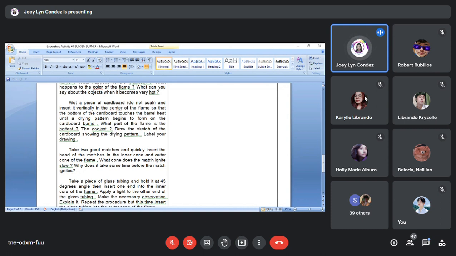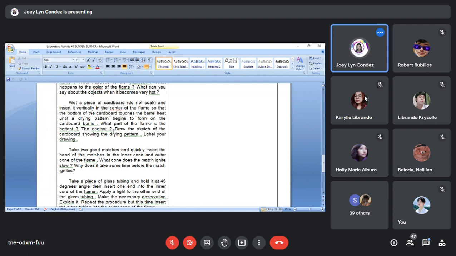Now, the wet piece of cardboard, you put it in the flame. Then the pattern is, on the cardboard there is a part that is wet and a part that is dry. So, that dry part of the cardboard corresponds to the inner flame or inner cone of the flame.